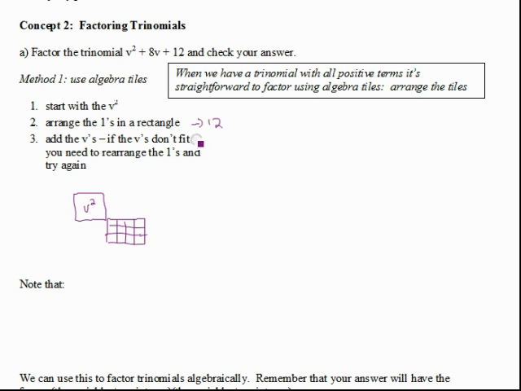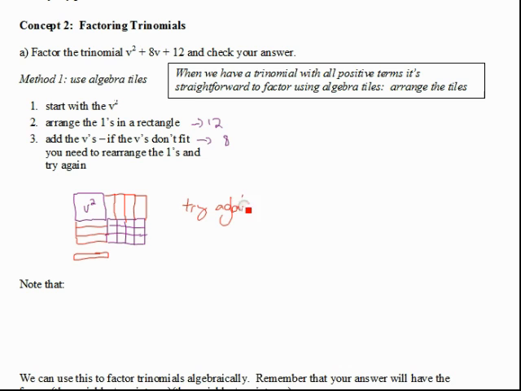And now I need to put my v's in, and I need to have 8 of those. So I'm going to do these in a different color just so you can see what I'm doing. So there's 1, 2, 3, 4, 5, 6, 7, and I have one more. Doesn't fit. I have to try again.